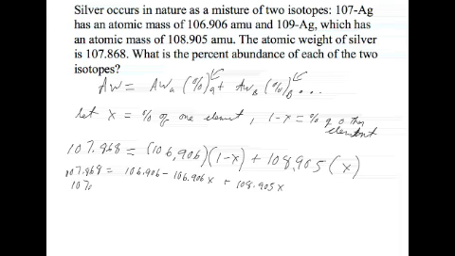So 107.868 minus 106.906 equals a negative 106.906x plus 108.905x.